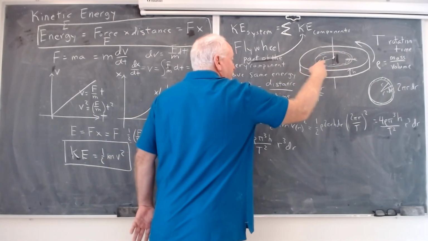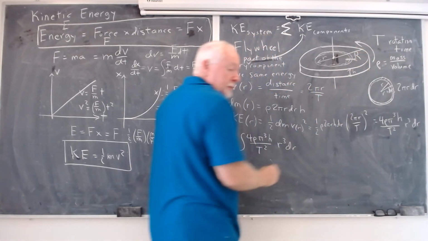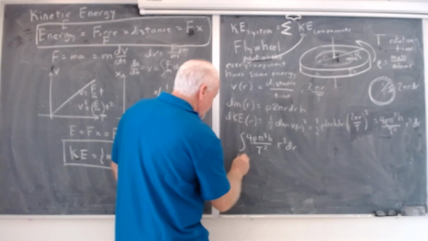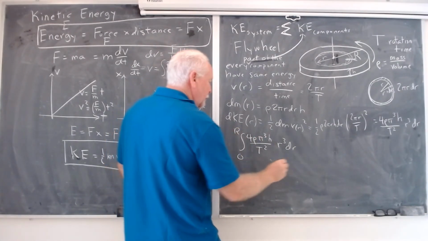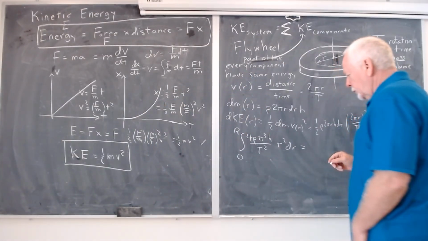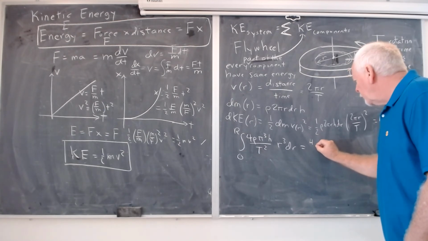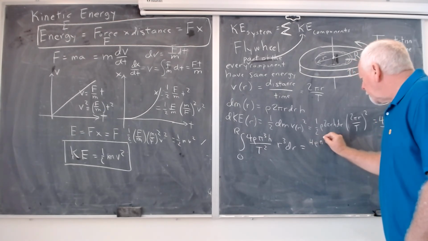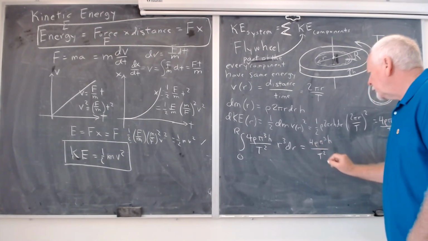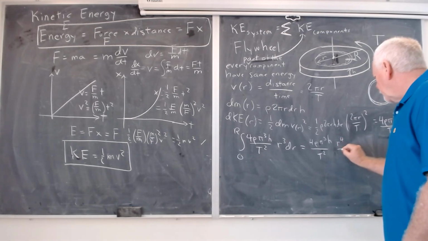Well, it's from 0 to, we'll call this, capital R. Zero to capital R. We all know how to do that integral: 4 rho pi cubed h over t squared times r to the 4th over 4.